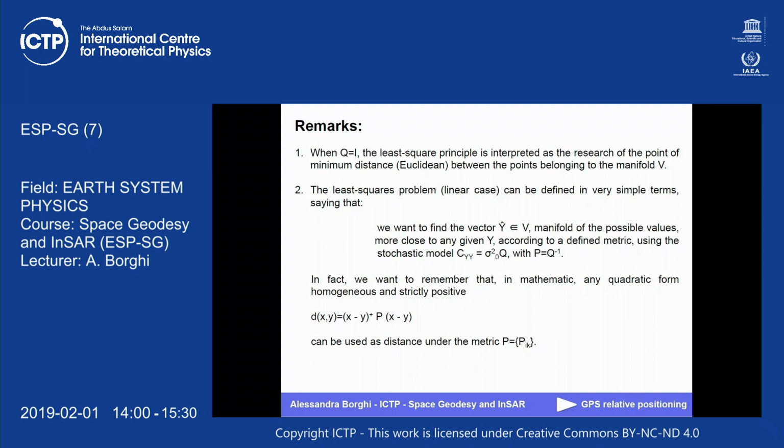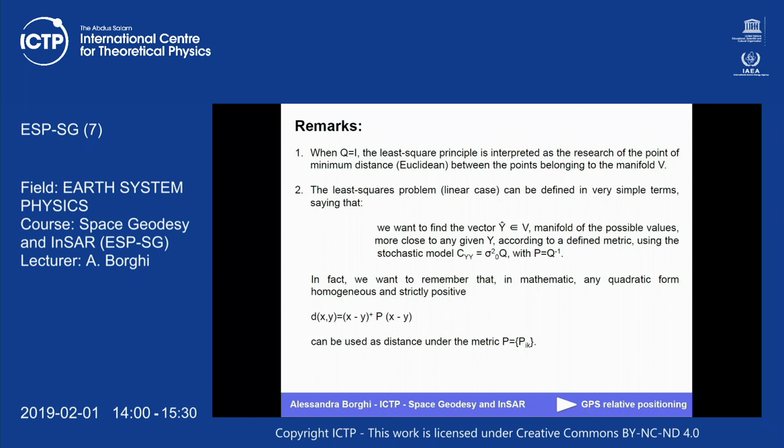You have your observation, and you want to find the theoretical vector of the observation that belongs to the manifold of the possible values that we can have. And this vector has to be as close as possible to the observation. So you need a metric to measure what close means.